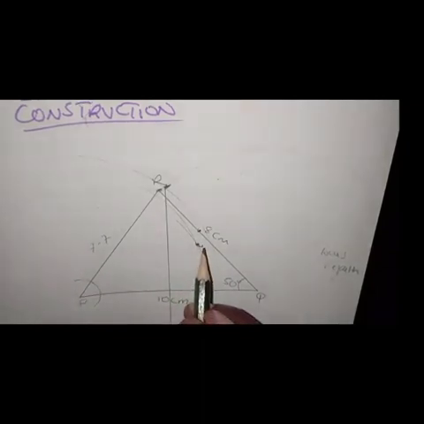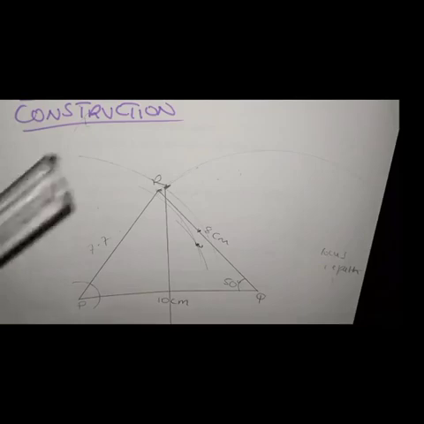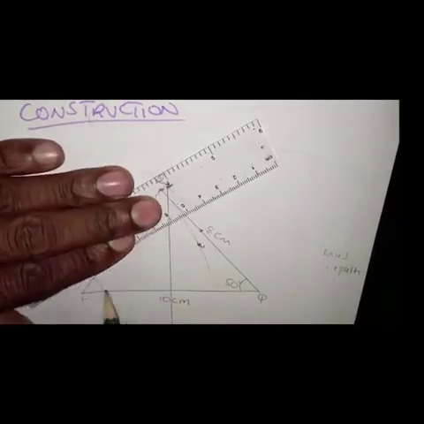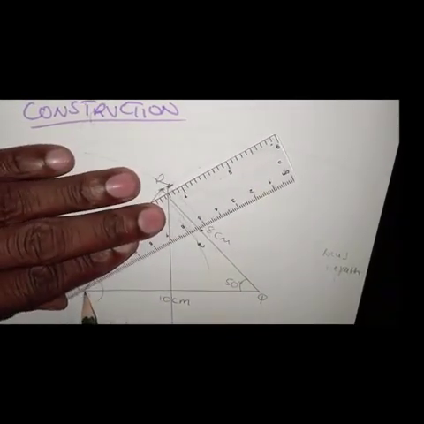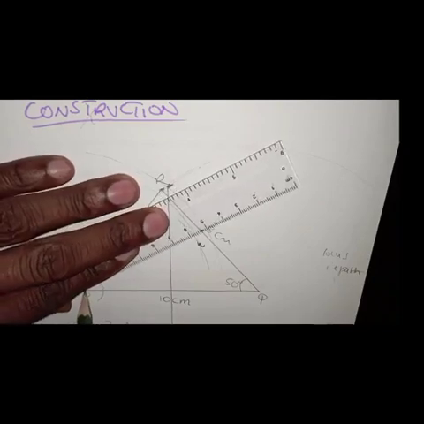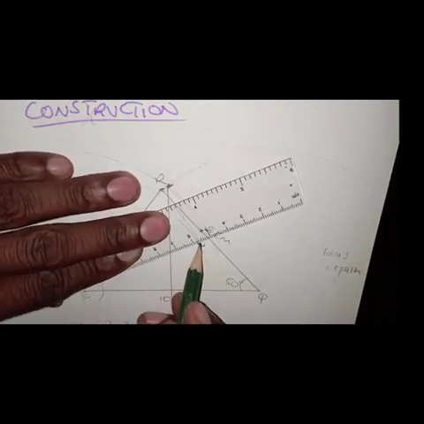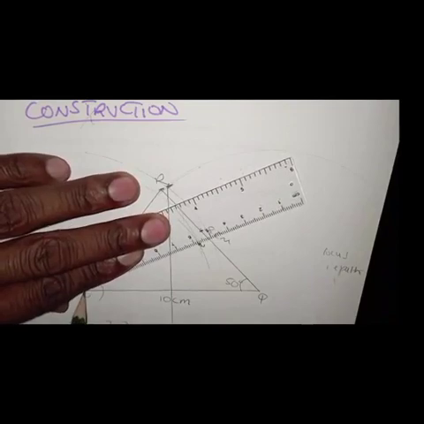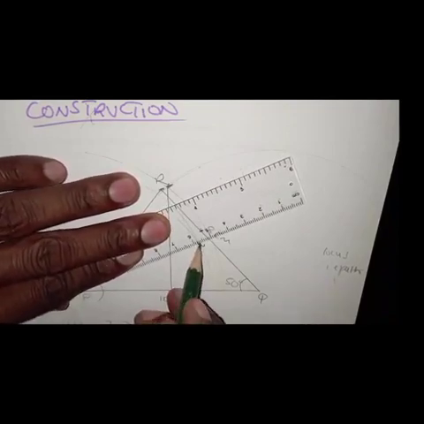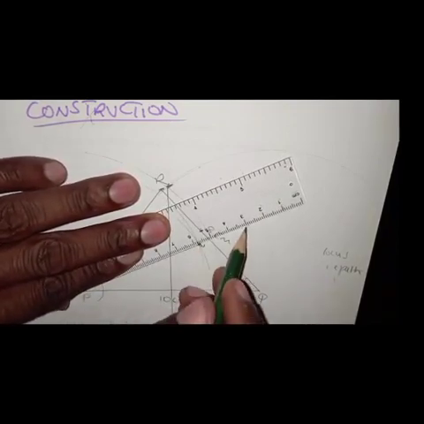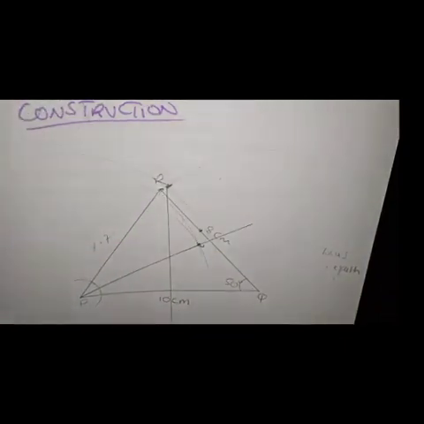That is where the bisector will pass, coming from P. You see that? So it has bisected the angle into two equal parts.